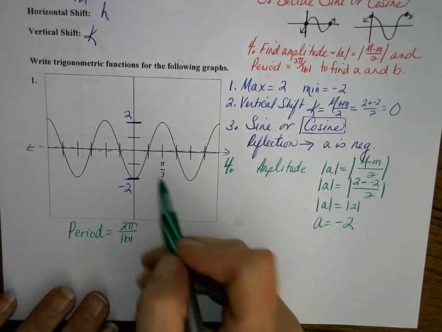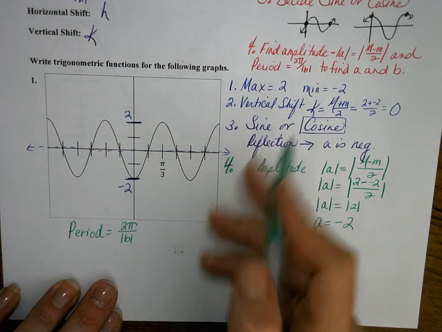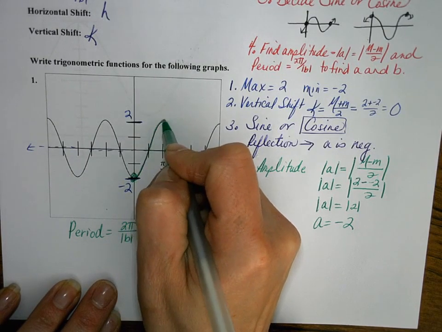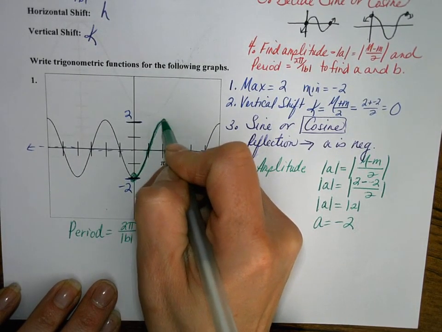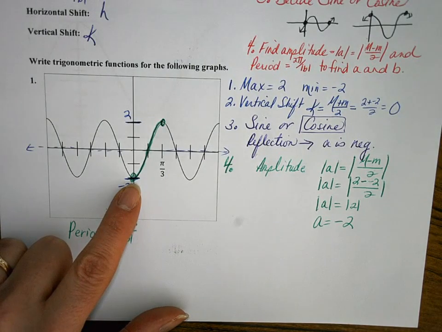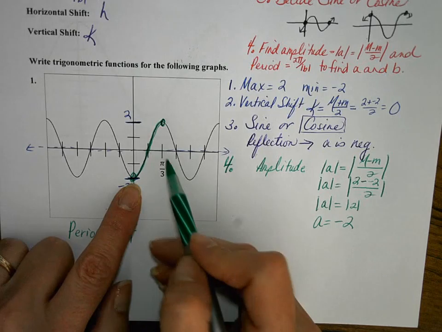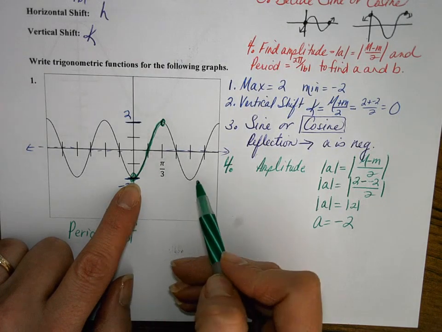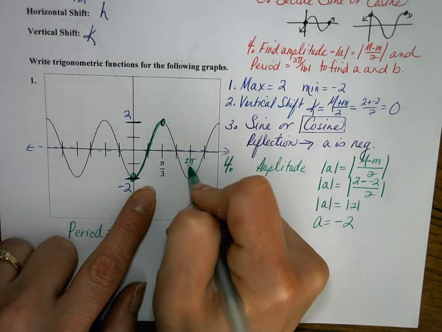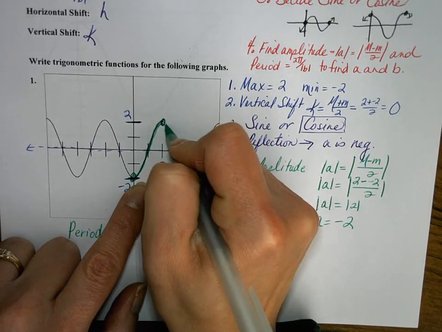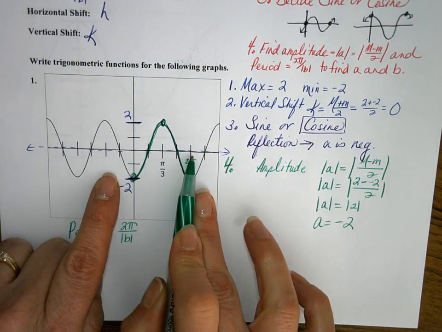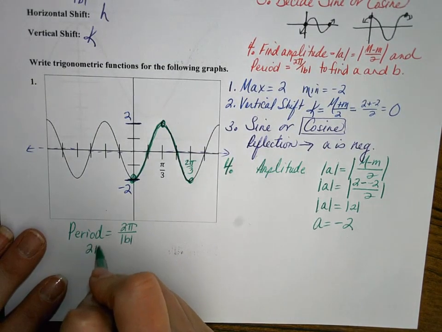They give me pi over 3 as a horizontal distance. Now, pi over 3 takes me from the beginning to this point, from the minimum up to the maximum. How much of the first cycle is that? Half. So if pi over 3 is a half, what do I do to find the whole? Double pi over 3, which means the whole first cycle is at 2 pi over 3. So the horizontal length of that first cycle is going to be 2 pi over 3.